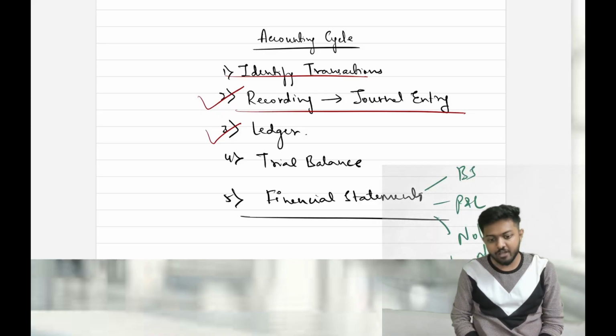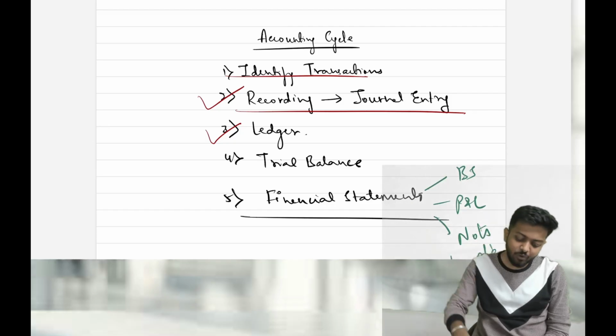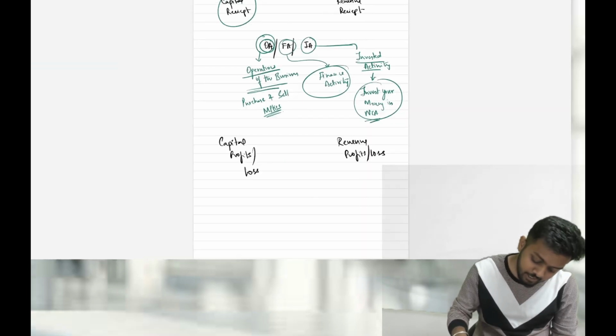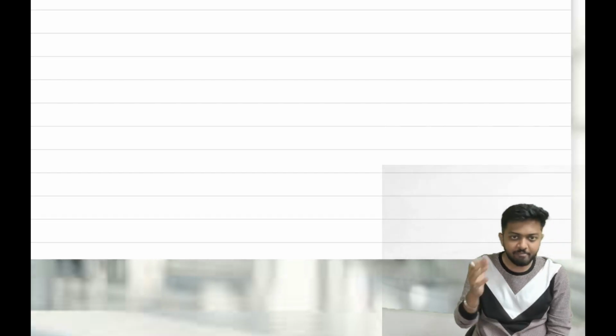All of you understood? Now let's understand the entire accounting cycle very briefly with an example. I will take 5 transactions and show you the entire accounting cycle. Please understand this is a revision video and we cannot go very deep into each and every topic.